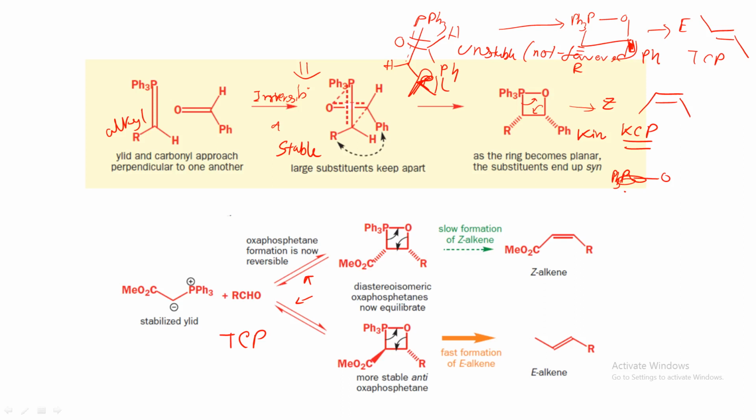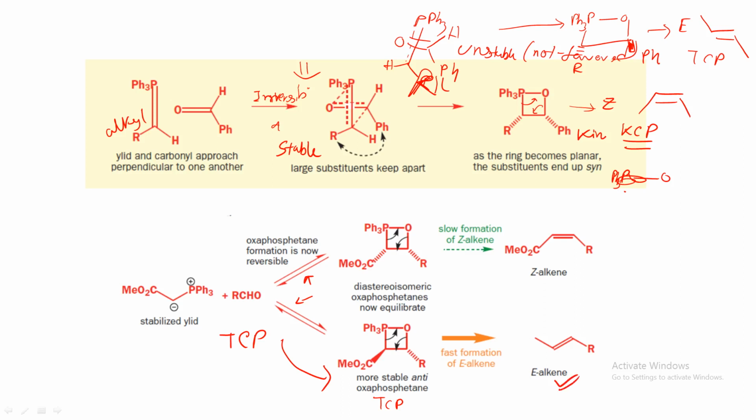three species can be possible, but with this type of stabilized ylide, as it is a reversible thing, the system is slowly generating the stable intermediate where the two substituents, the ester group and this alkyl group, are anti. So it is a TCP driven product. So when we eliminate the phosphine oxide from this particular intermediate, we will be generating E alkene.